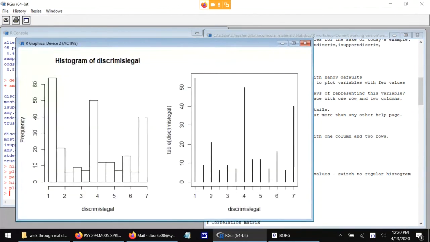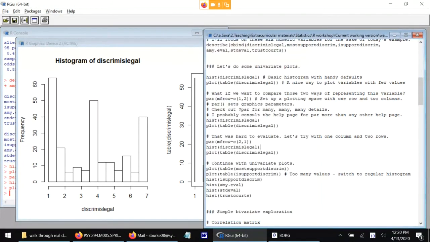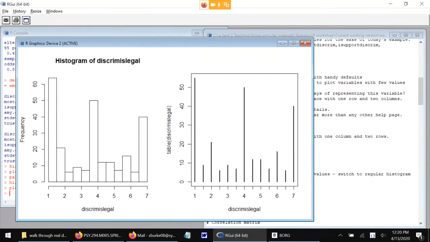And that's what happened here, right? This space can be thought of as a grid where on the left we have 1 cell and on the right we have another cell, and those can be filled in with plots. I'm pretty sure there is a discrepancy here. I just have to find it. Yep, there it is. Okay, so it's that 1 and 1.5 got lumped into the same bar for the histogram, but not for this tabulation, right?